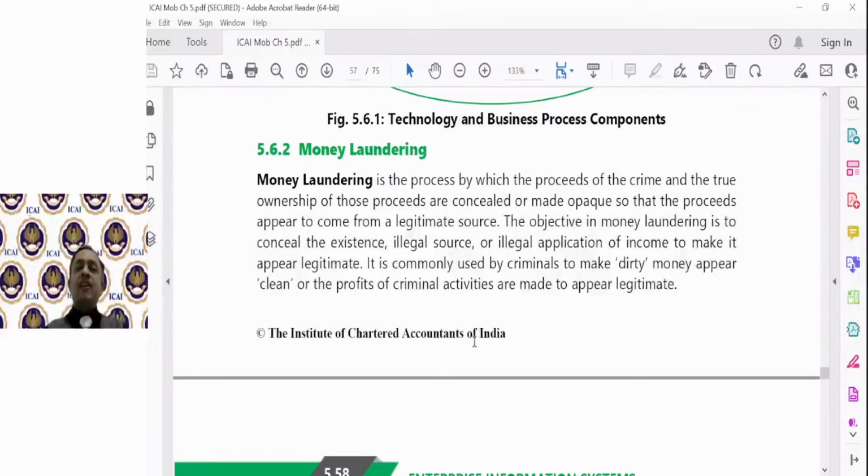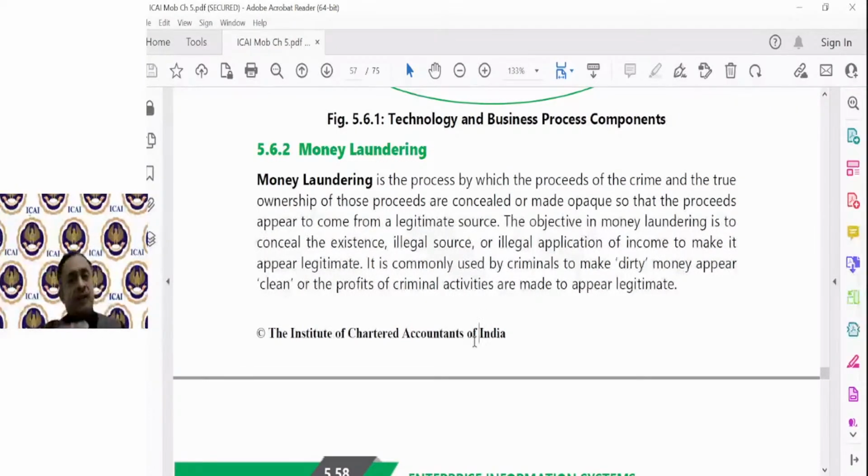Now, money laundering is a process by which proceeds of crime and true ownership of these proceeds are concealed or made opaque so that the proceeds appear to come from a legitimate source. So what exactly is money laundering?